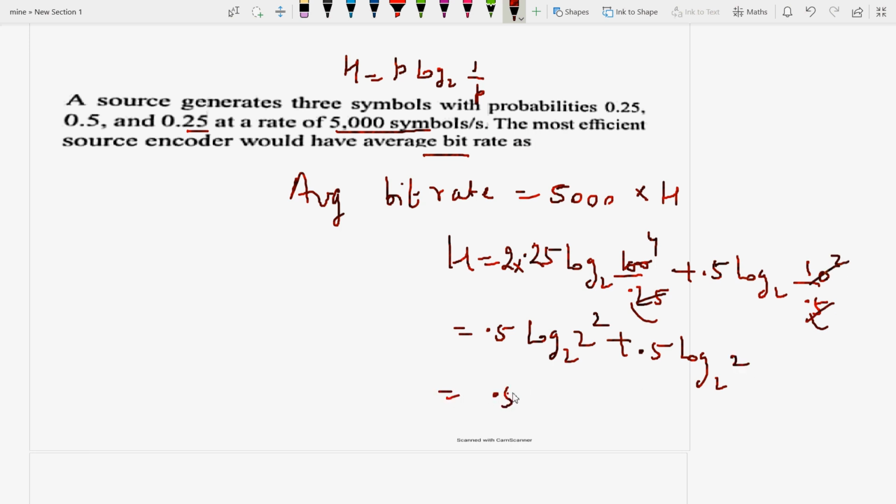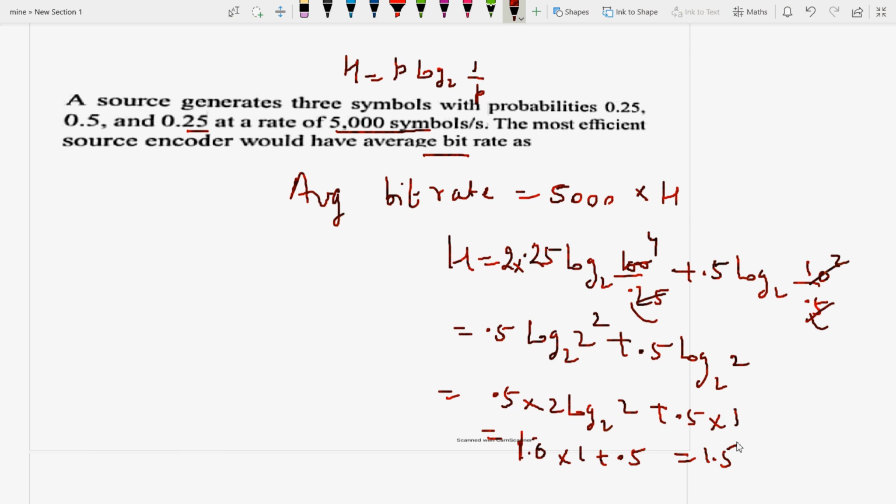So it is 0.5 into 2 log base 2 of 2, plus 0.5 into 1, which is 1 plus 0.5. So it will be 1.5, right?